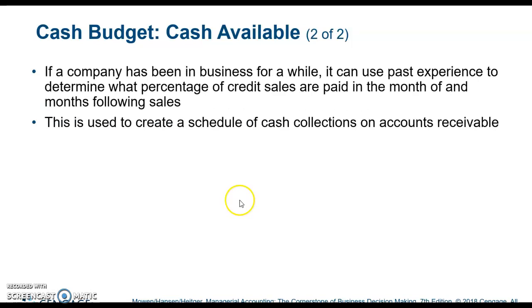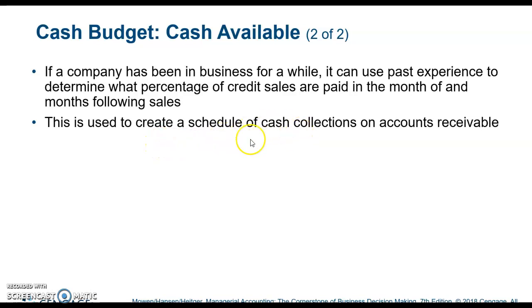Okay, if the company has been in business for a while, it can use past experience to determine what percentage of credit sales are paid during the month of the sale, and how much of our on-account sales do we get the cash next month, and how much do we get the cash 2 months from now.